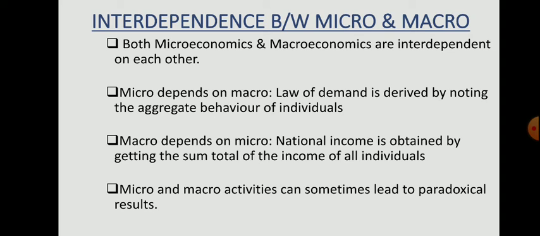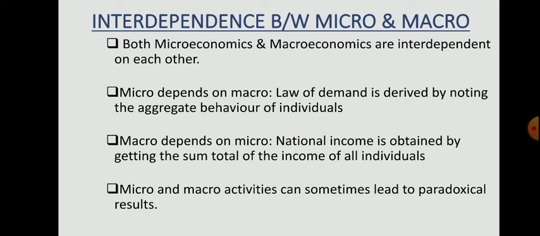So savings is good for individuals, okay. So we all start saving, that means myself also start saving, you, everyone. So at the micro level it is true, savings is good, but at a macro level it is not.